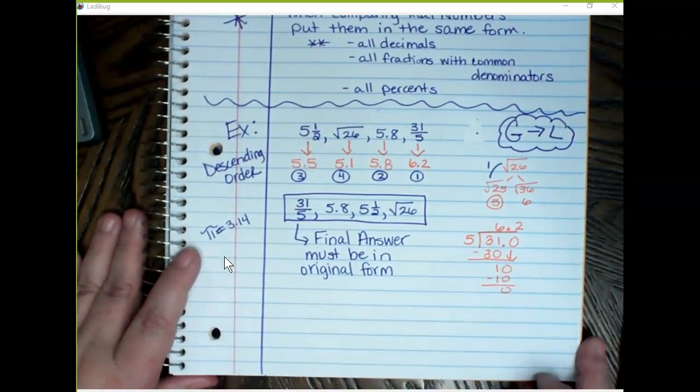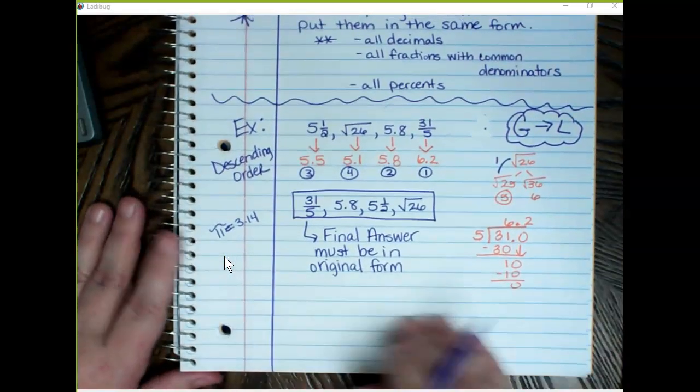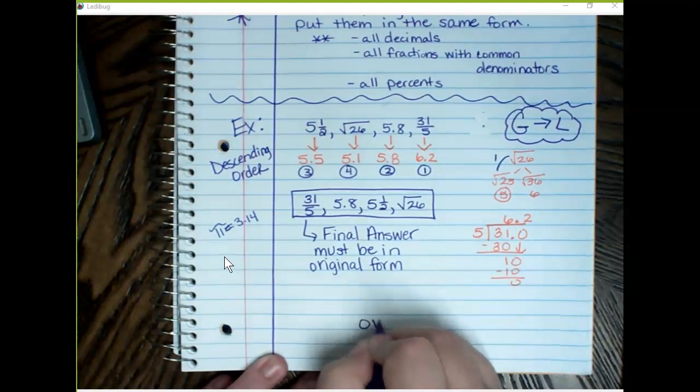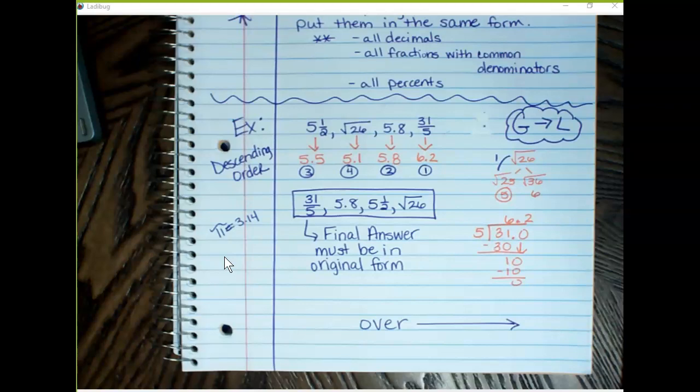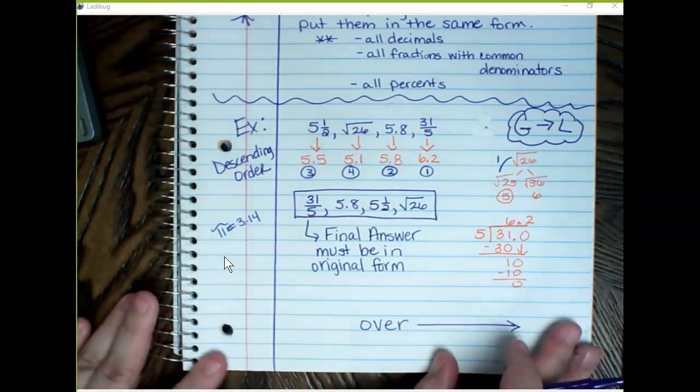All right, I want to do one more example, but I don't have enough room here. So I am going to turn my paper over. Can I turn the page? Yeah. Okay. I want to do one more example that brings in some negatives.